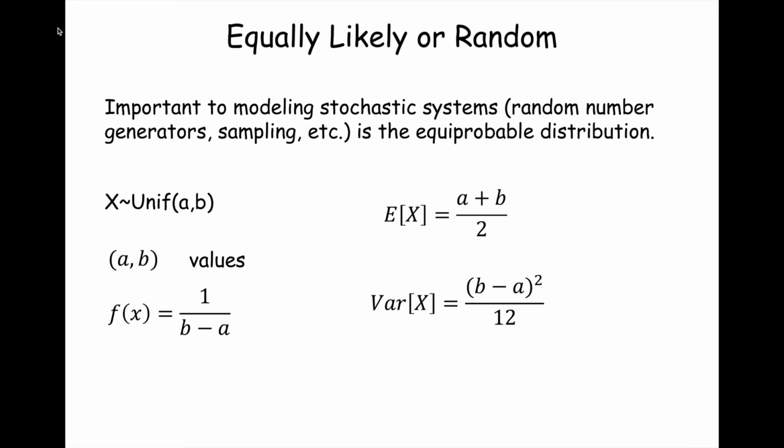I notice for this term on the left, I have a b minus a in the numerator, and I have a b minus a in the denominator. So that's going to go to 1. And what that leaves me is b squared plus ab plus a squared in the numerator and 3 in the denominator. And then I still have this term, a plus b quantity squared.